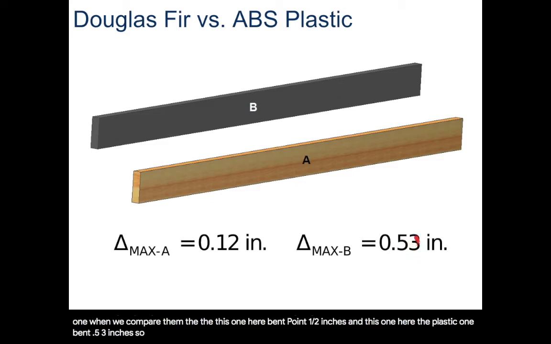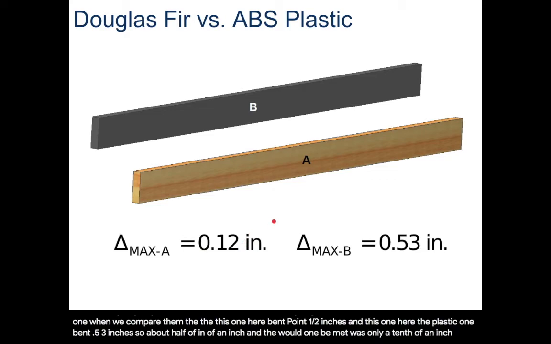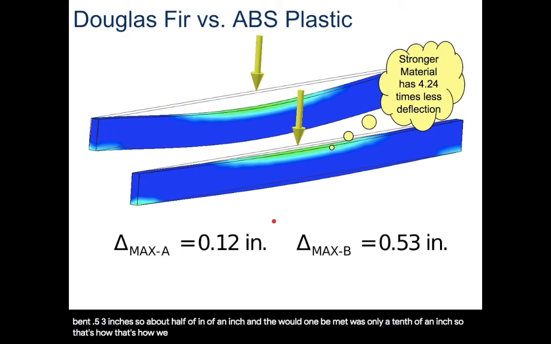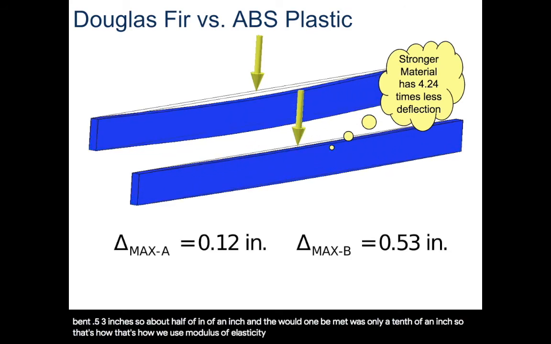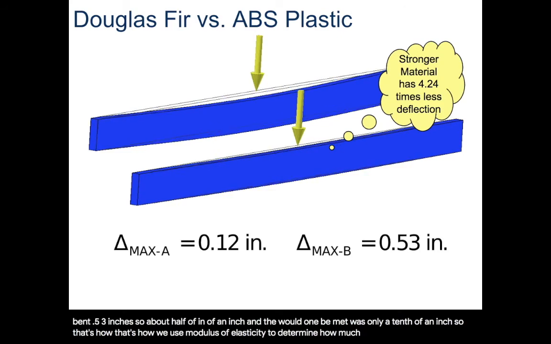So about half of an inch, and the wood one, beam A, was only about 1/10 of an inch. That's how we use modulus of elasticity to determine how much a beam will actually deflect.